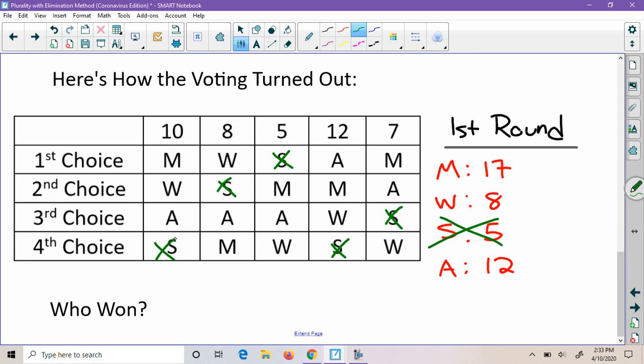Now, if you were really doing this with real people, you would re-vote now between McDonald's, Wendy's, and A&W. But to speed things up, I just made a chart. So I'm assuming these people who voted for Subway in first place would still vote for McDonald's, A&W, and Wendy's now.